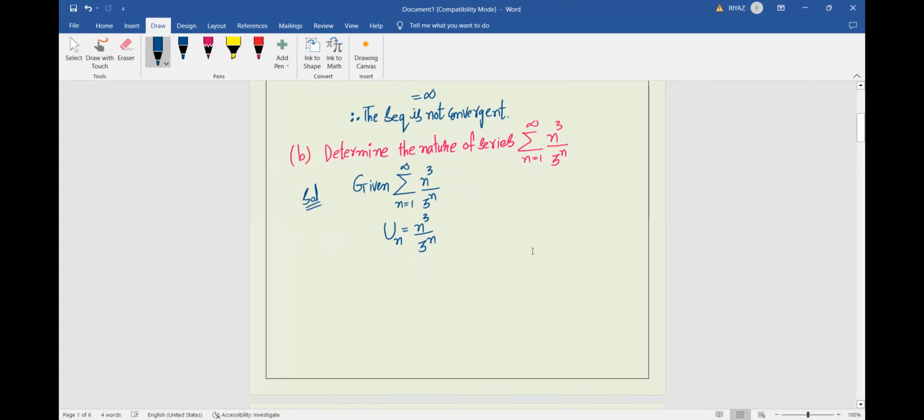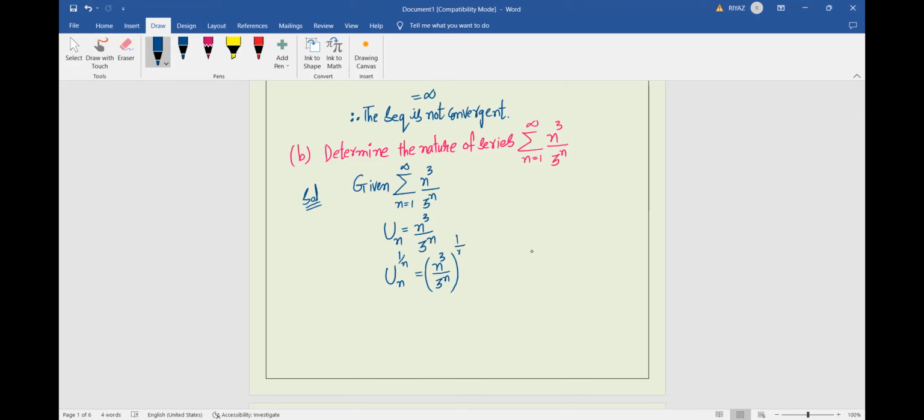There are 3 steps in Cauchy's nth root test. You have to apply un whole to the power of 1 by n, the positive nth root. So let us move to the second step: we apply 1 by n on both sides. So un to the power of 1 by n equals n to the power of 3 by 3 to the power of n, whole to the power of 1 by n.